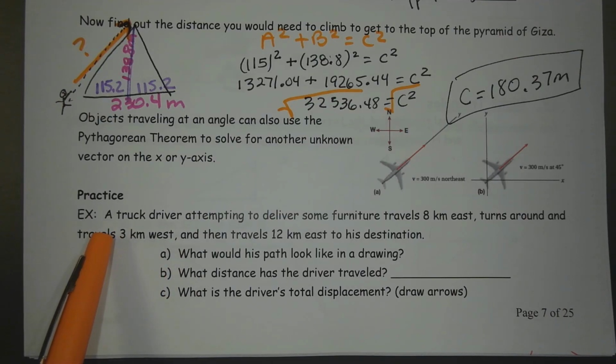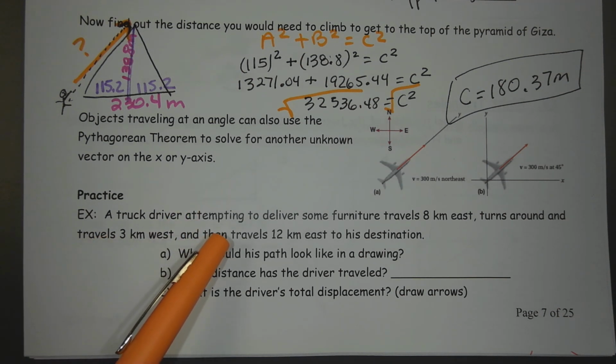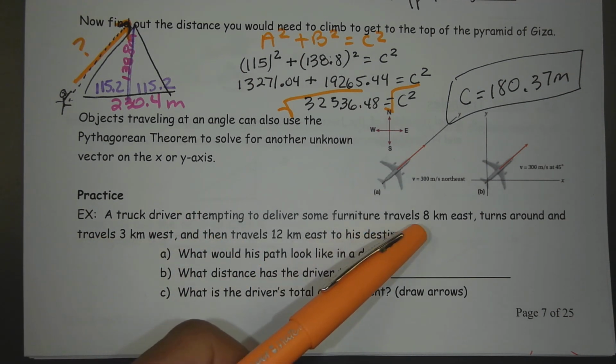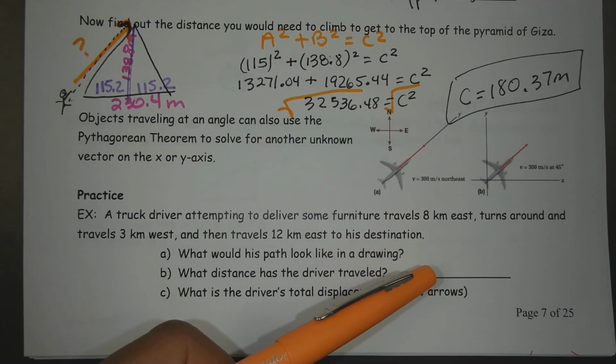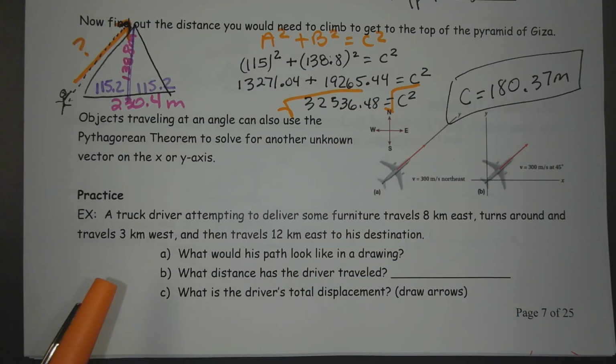Next one, it says here's another example to take a glance at. A truck driver attempting to deliver some furniture travels 8 kilometers east, turns around and travels 3 kilometers west, and then travels 12 more kilometers east. What was his destination? For example, letter A, what would his path look like?